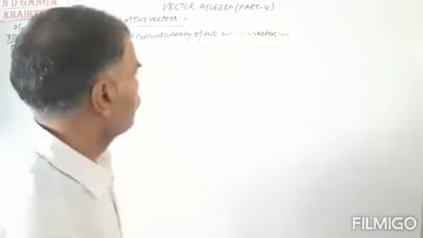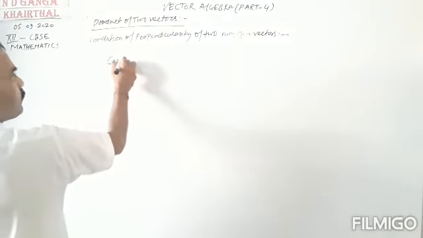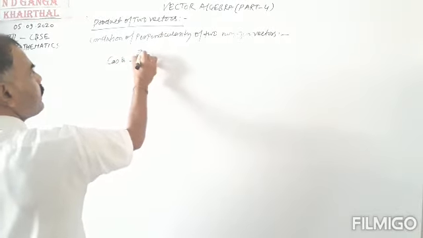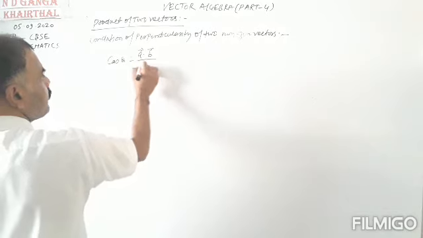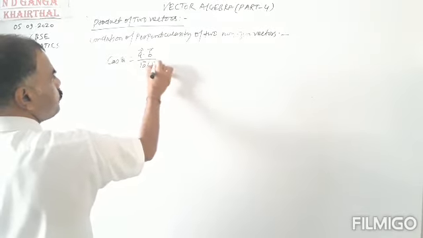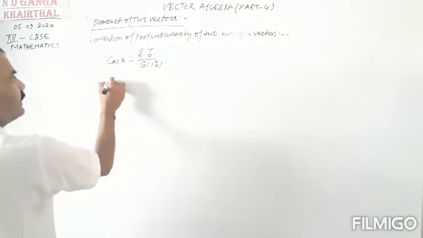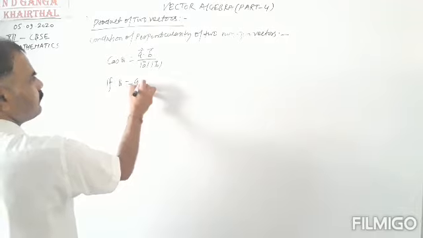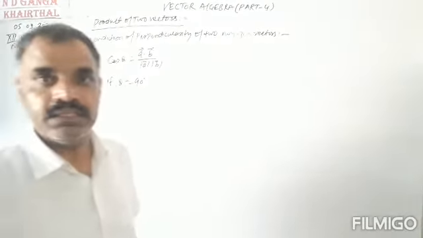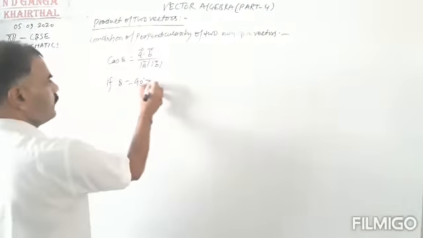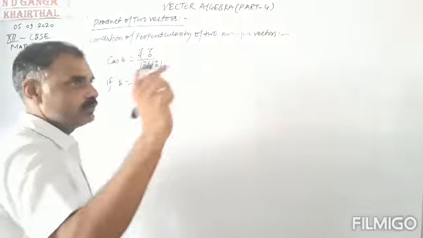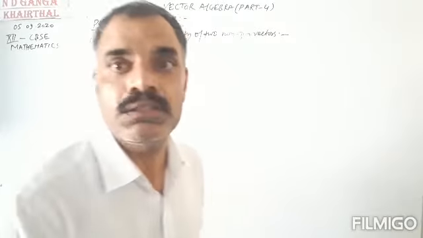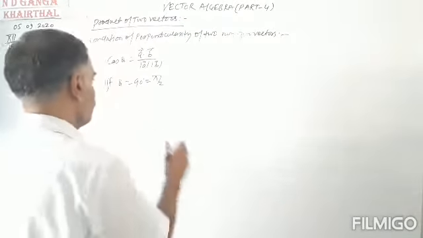Cos theta is equal to a vector dot b vector divided by magnitude a vector, magnitude b vector. So if theta is equal to 90 degrees, that is pi by 2, between two non-zero vectors, then cos pi by 2 is equal to 0.